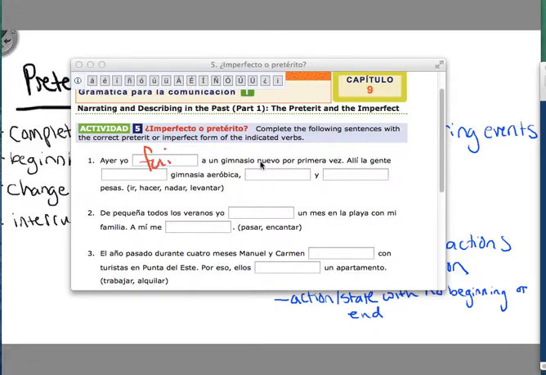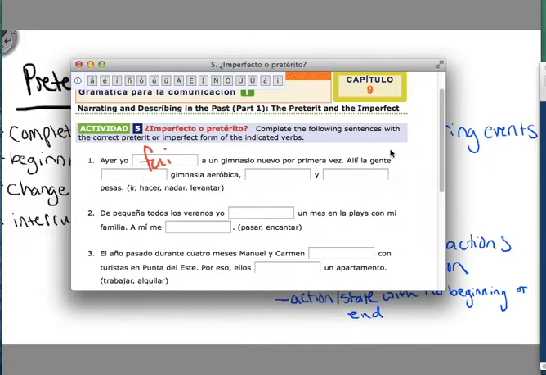Here's another clue for you: for the first time. "Allí la gente blank, blank, blank." So we're talking about the people. Here's where it can get kind of confusing. We're talking about more than one person, but the word for people, la gente, is singular.